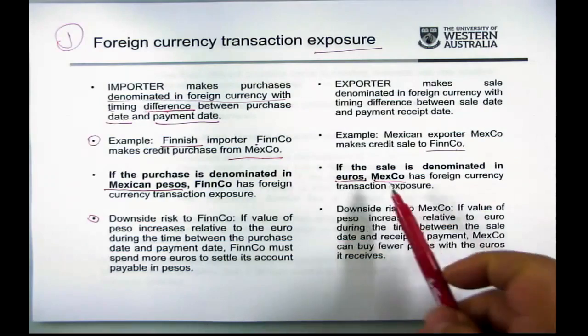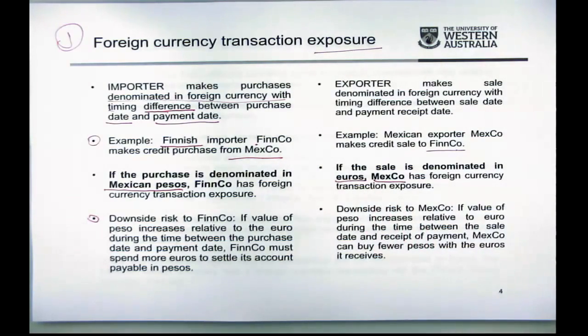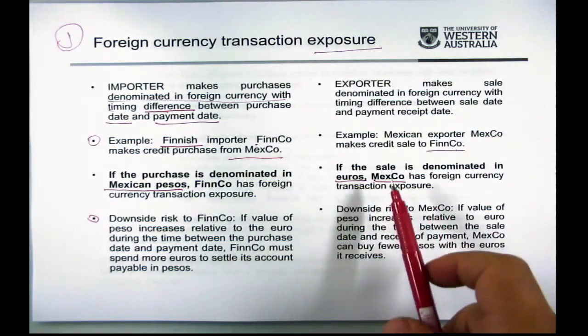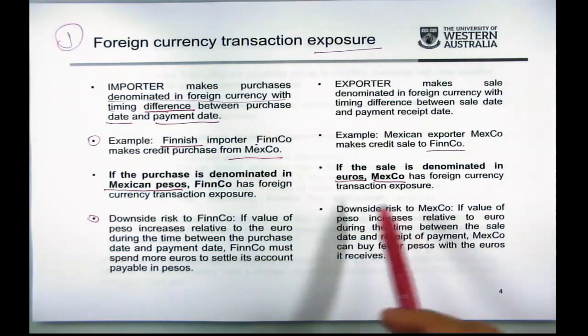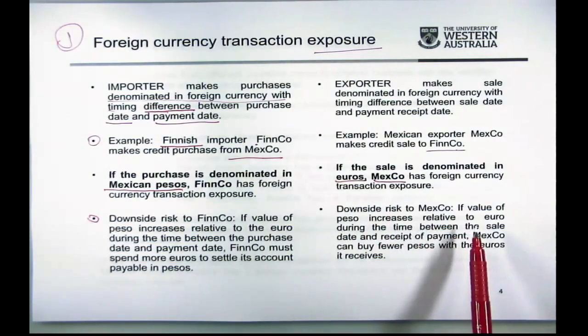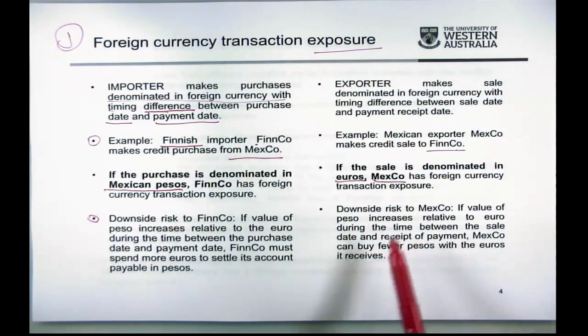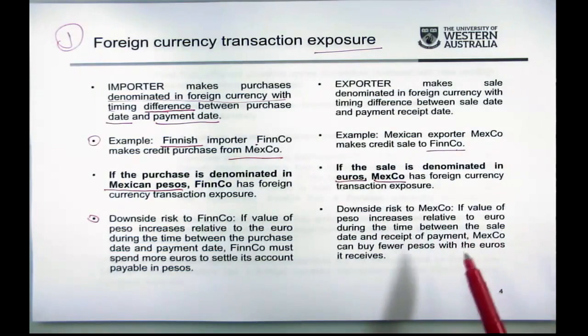So if the transaction is to be settled in euros, Mexico will receive euros on the payment date, and there is a risk here that the euros will depreciate relative to the pesos, or the pesos will appreciate relative to the euro.